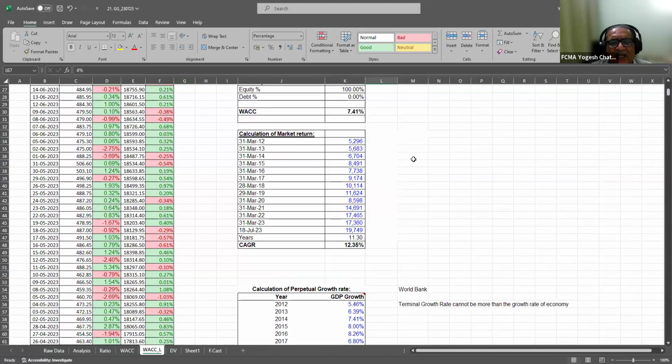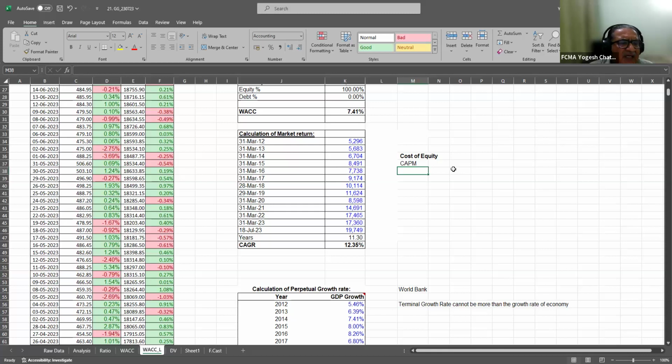Now, the cost of equity. There are multiple methods to compute the cost of equity, and one of them is the CAPM, Capital Asset Pricing Model. That is used widely in countries like the USA or European countries. In India also, CAPM is used widely. Apart from that, there are other methods also.